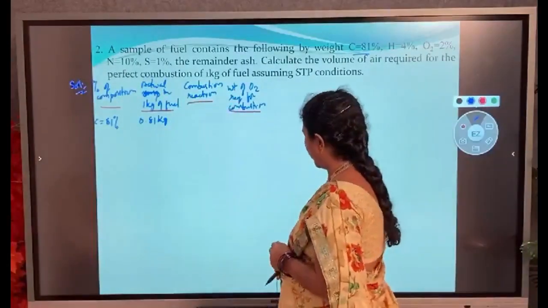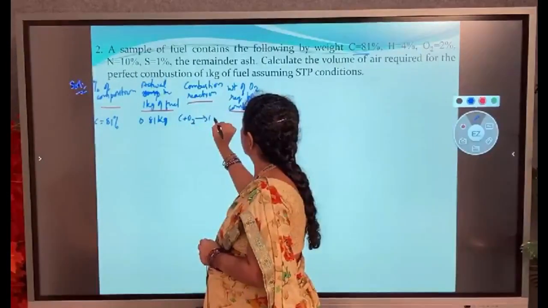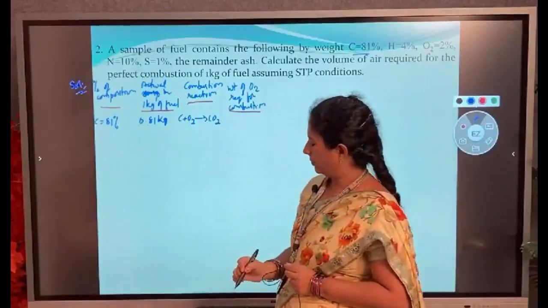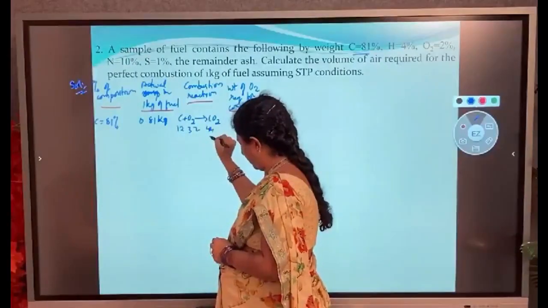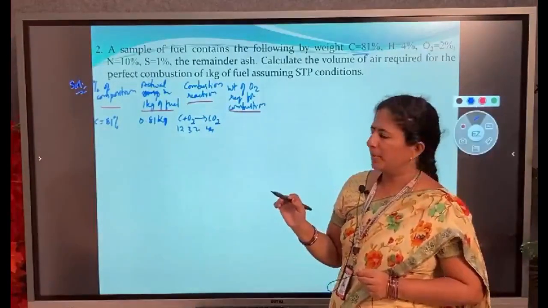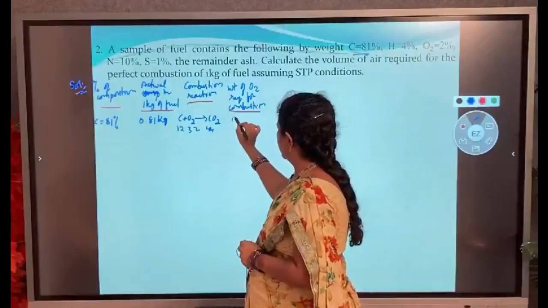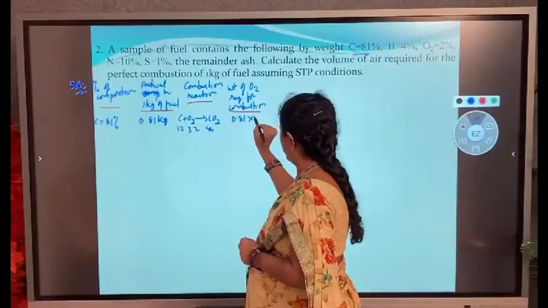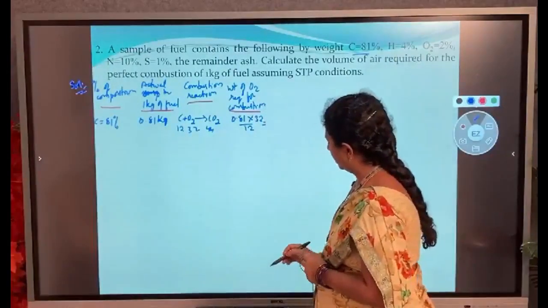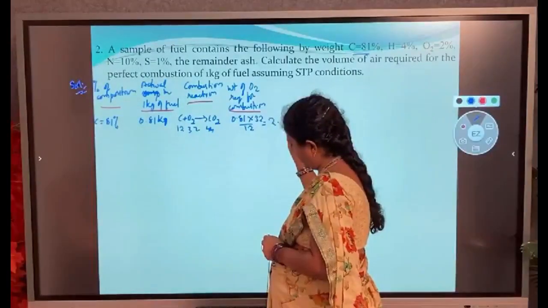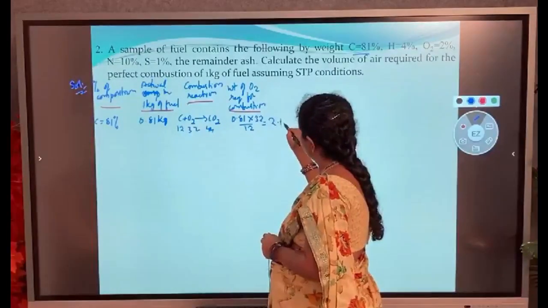Coming to the combustion reaction, C plus O2 gives rise to CO2, that means 12, 32, 44 plus heat will be released. So the weight of oxygen required for combustion will be 0.81 into 32 by 12, which is equal to 2.16 kgs.